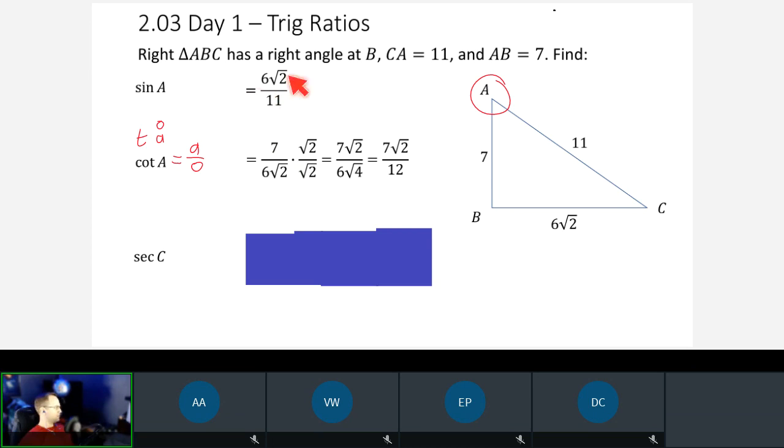All right, so secant of C. We are now at angle C. So let's move my circle here to angle C. So secant is the inverse of cosine, and cosine is adjacent over hypotenuse. So that means secant is hypotenuse over adjacent.